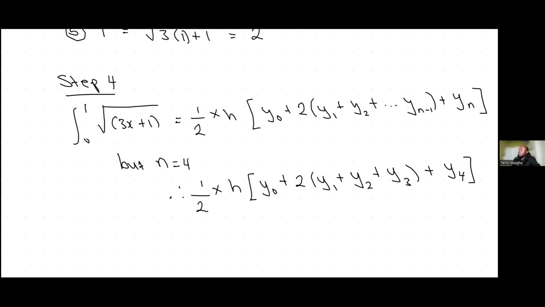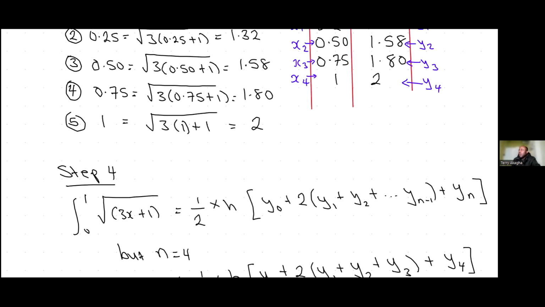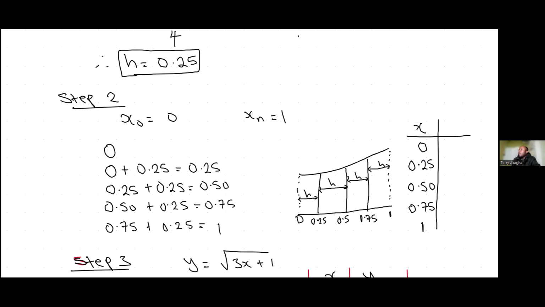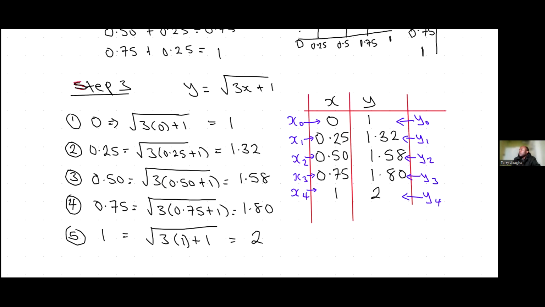So let's solve this. Now we're getting the area. The area will be equal to 1/2 times, what was the h? I think it was 0.25. Yes, we got it as 0.25, into brackets. Now the y naught, the y1, the y2, the y3, the y4. So we're going to just substitute it into this now.